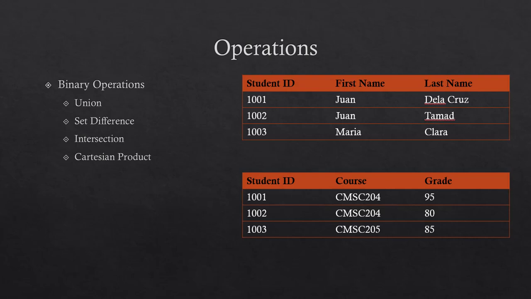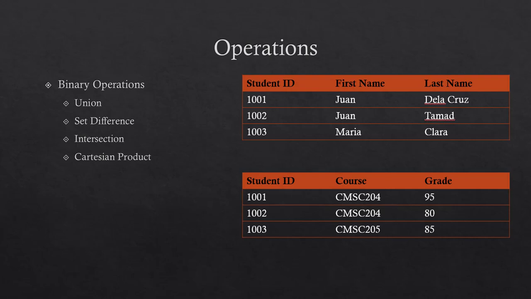Now the next one would be set difference. Set difference, as it says, is most likely, I would say, like subtraction, because you're setting the difference. In this operation, you're trying to find tuples in one relation but not in the other.